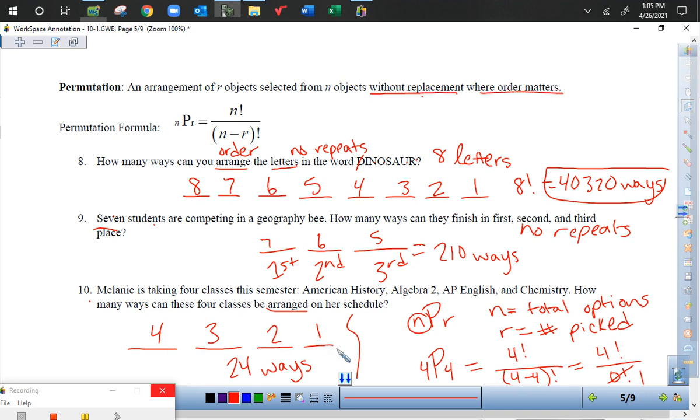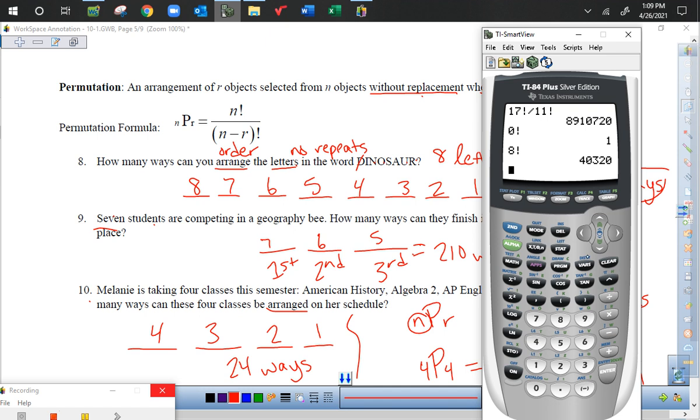Okay. One more thing I'm going to show you is your calculator also builds this in. A lot of time for permutations, it's easier to draw out blanks than to write your 4P4, but you're also welcome to do it this way. Okay, what I want you to do in your calculator is start with the number 4, and this permutation formula is built in. You won't ever have to write out the formula as given here, but I wanted to show it to you for that 0 factorial.